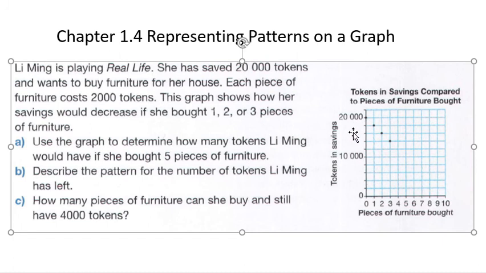So 18,000 minus 2,000 is 16,000. If she purchases a 3rd piece, she has to remove another 2,000, which would be right here, and that's 14,000. And we can keep going on down the line to do this. We could label it.